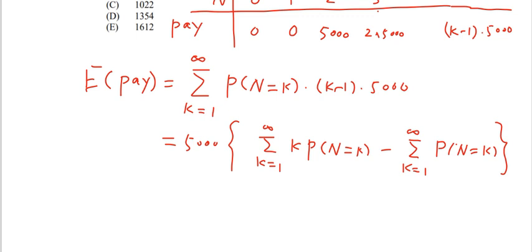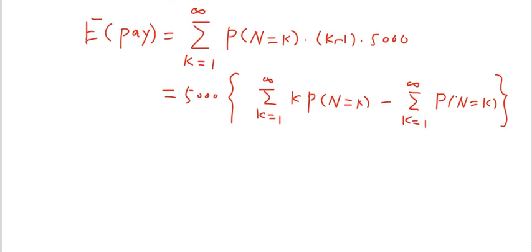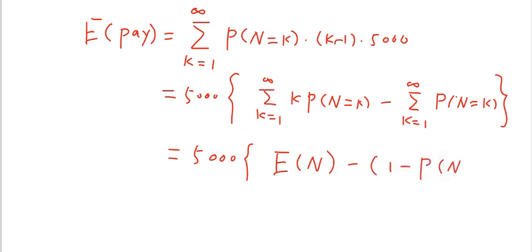The first one is just the expectation of N, the mean. And the second one is the total probability excluding N equals 0, so this equals 1 minus P(N equals 0), right?